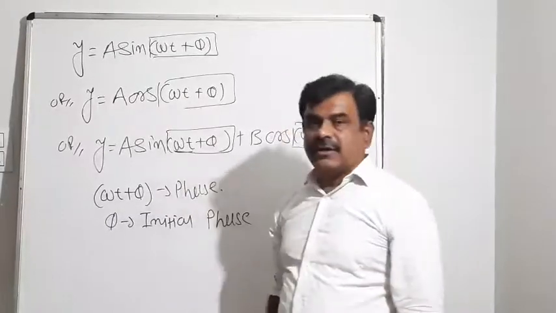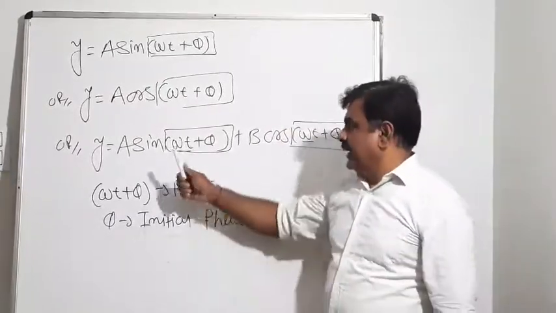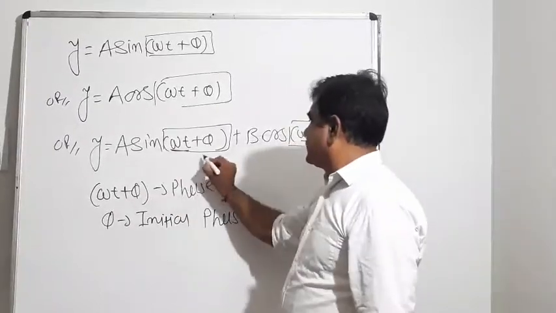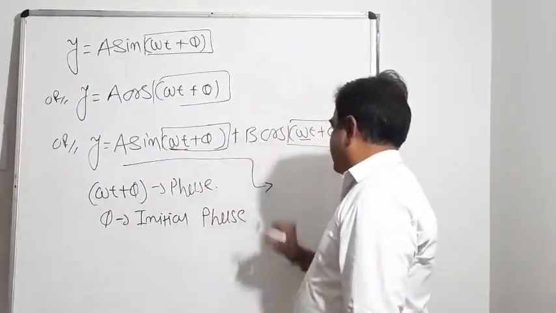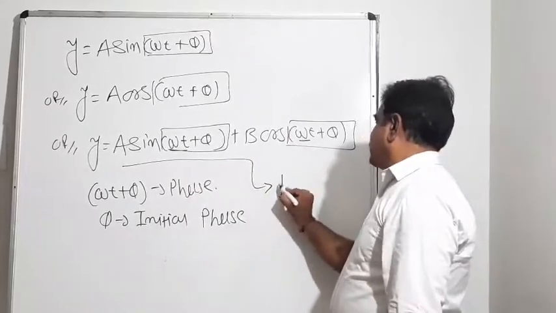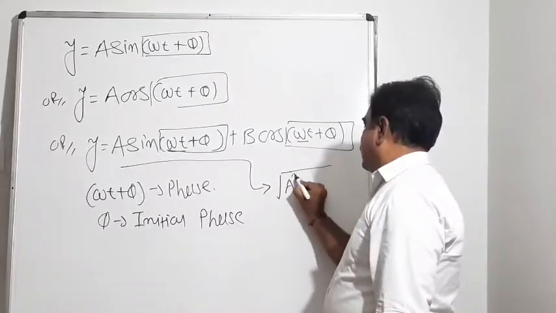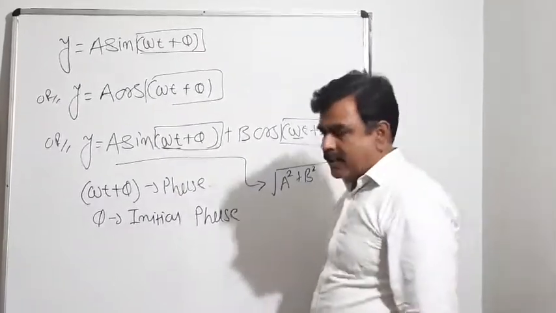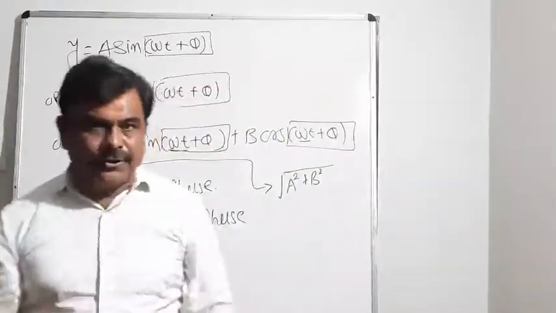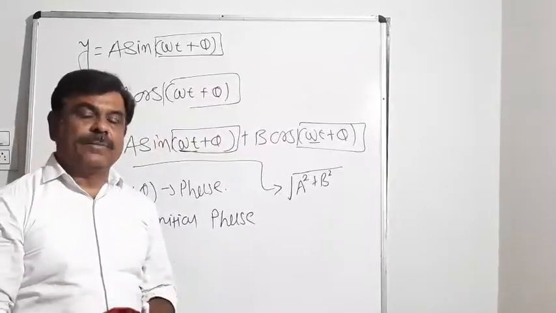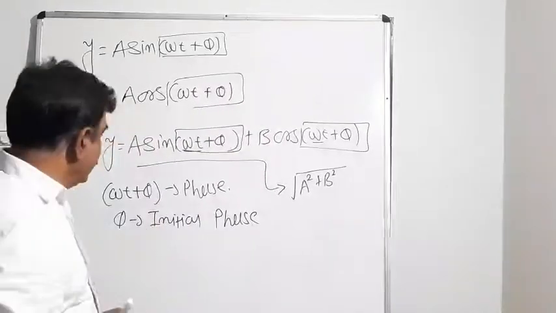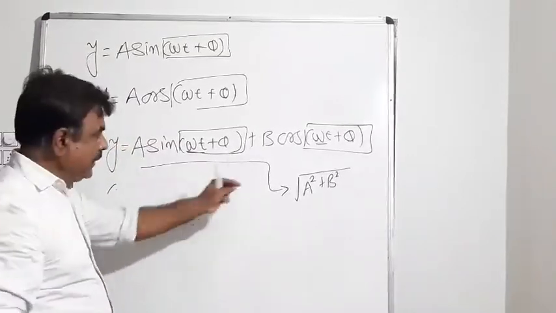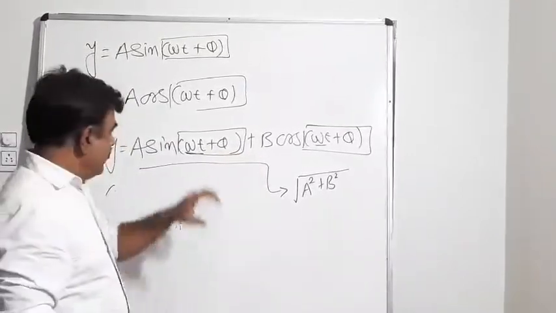In the first two equations, A represents amplitude, and for the third equation, amplitude is under root of a square plus b square. And you will be surprised to know, there was a question from this simple point in last year's NEET.